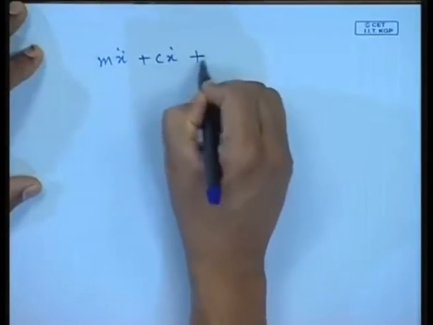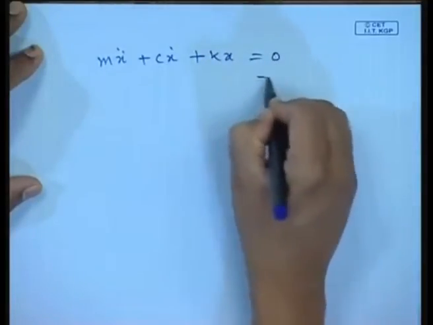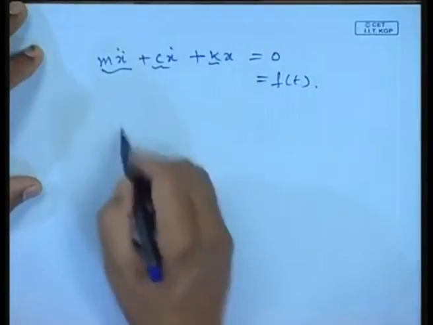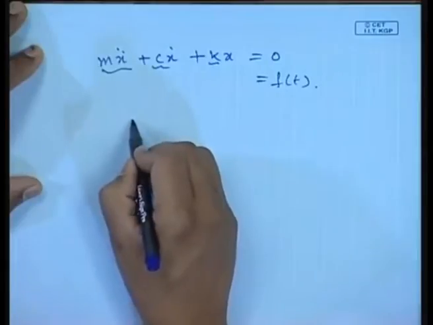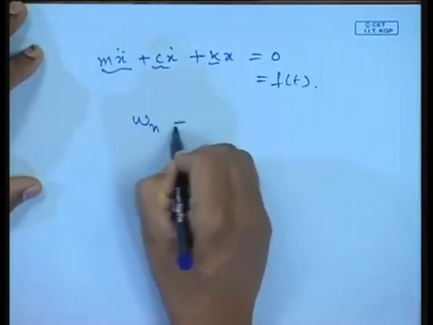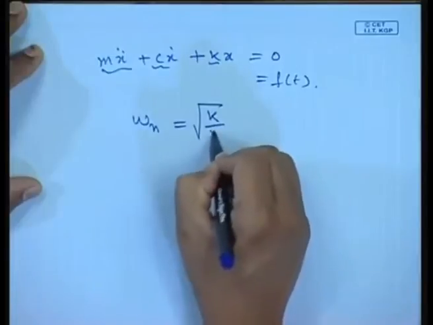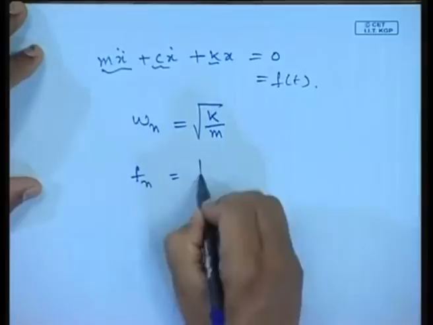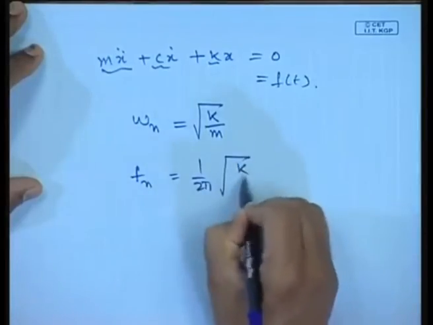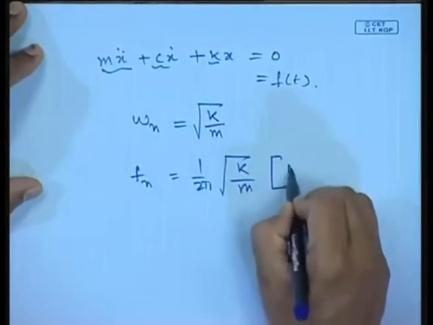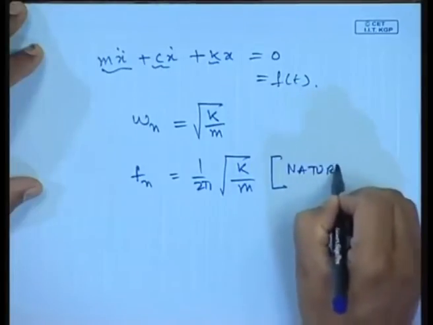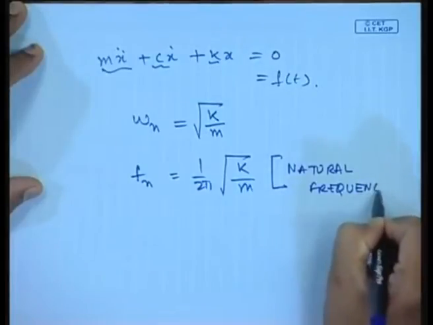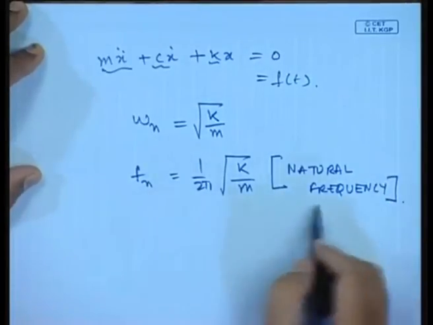which are present, whether you have force or you do not have force, and this depends on the coefficients. One such very important characteristic is the natural frequency, given by 1 by 2 pi root over k by m, and this is known as the natural frequency of the system which is vibrating.